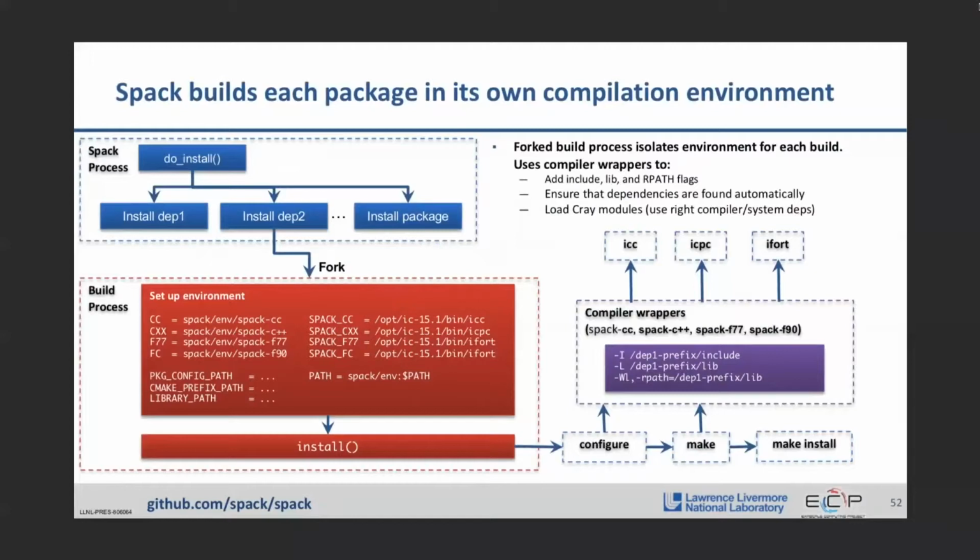That allows us to sanitize the environment without blowing away your user environment after the command's done. So we can unset variables like PATH and LD_LIBRARY_PATH. Then we call the install method. That does whatever it happens to do. But we've got these compiler wrappers that then will intercept and add the flags. So that's what's going on under the hood when we do this.